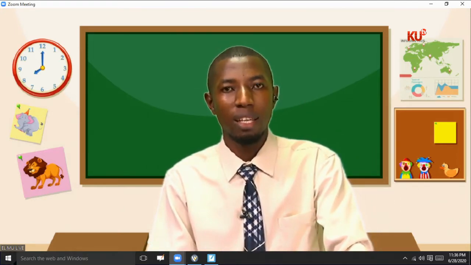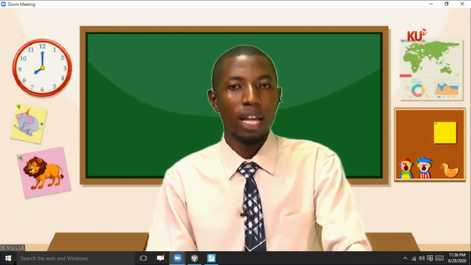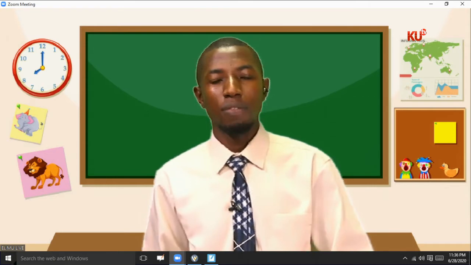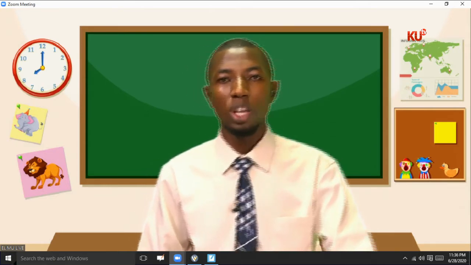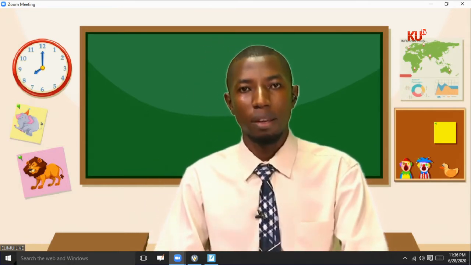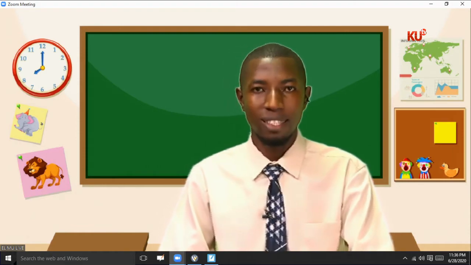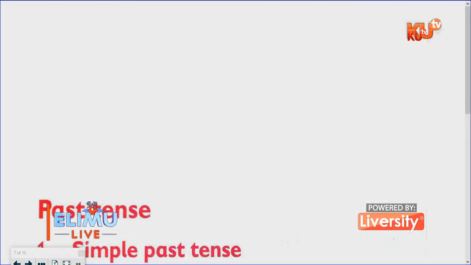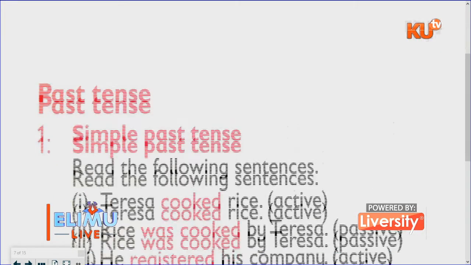Have been helps you to change sentences in present perfect tense from active voice to passive voice. Right, so we move on to the next part, which is past tense.